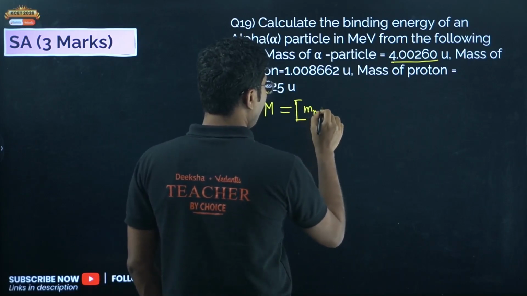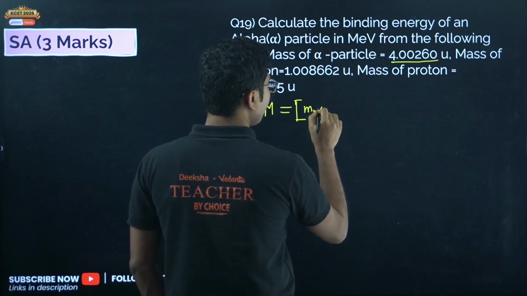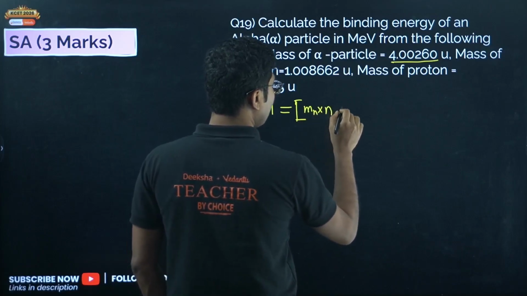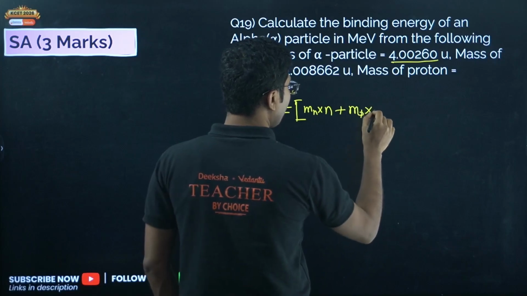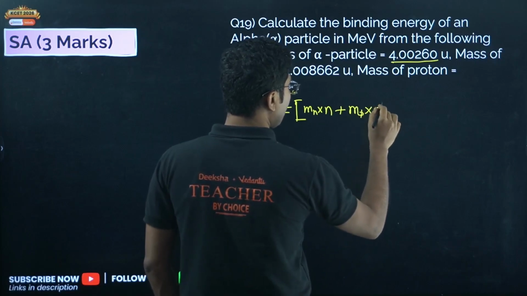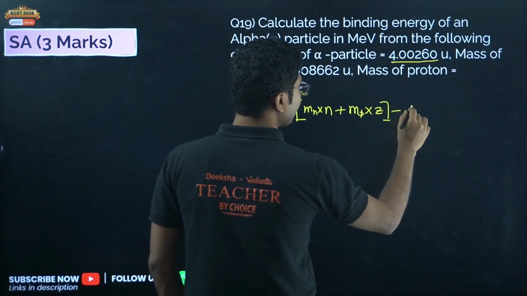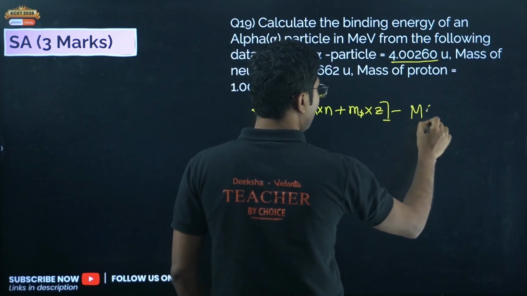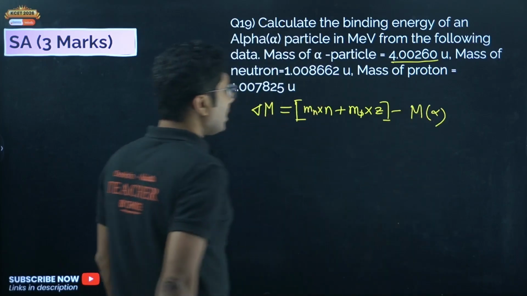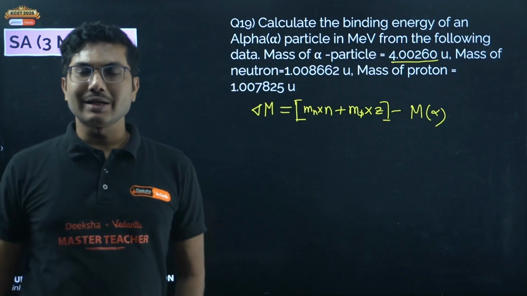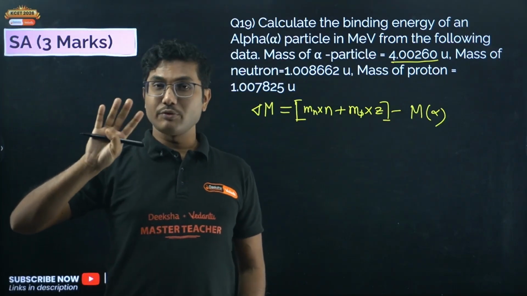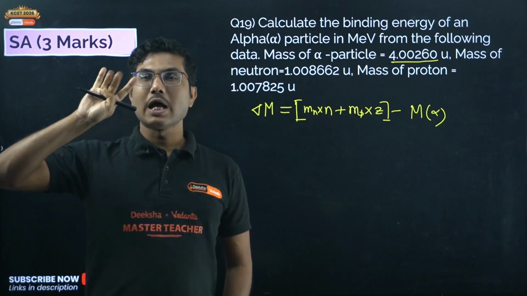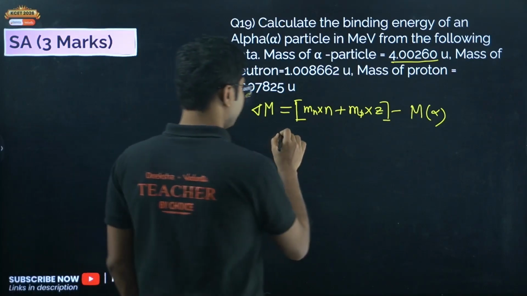mn into the number of neutrons plus mass of proton into number of protons minus the actual mass of the alpha particle. Now how many neutrons are there in an alpha particle? In an alpha particle, total nucleons are 4. Out of that, 2 are protons and the remaining 2 are neutrons.